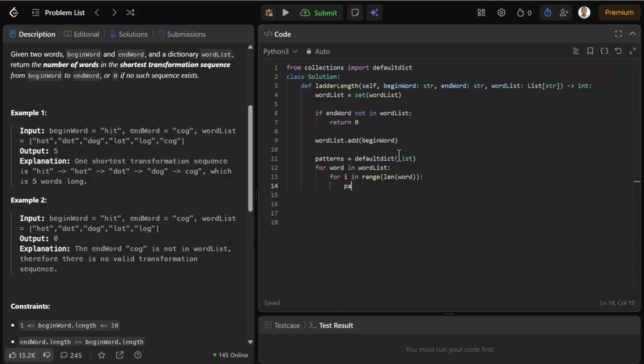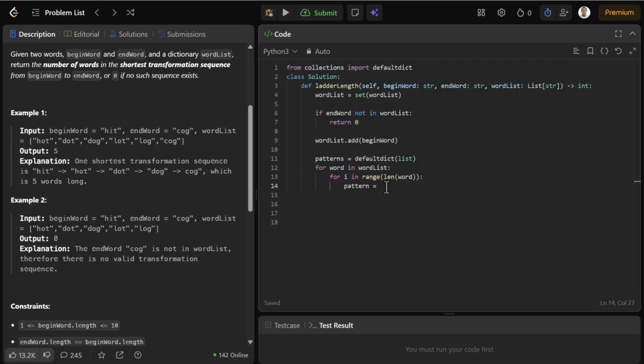I call this a pattern. How does it look? Since we are doing for i in range, for example if we are looking at the beginWord HIT, the length of that word is going to be 3. So range goes from 0 to 2, that's 0, 1, 2.